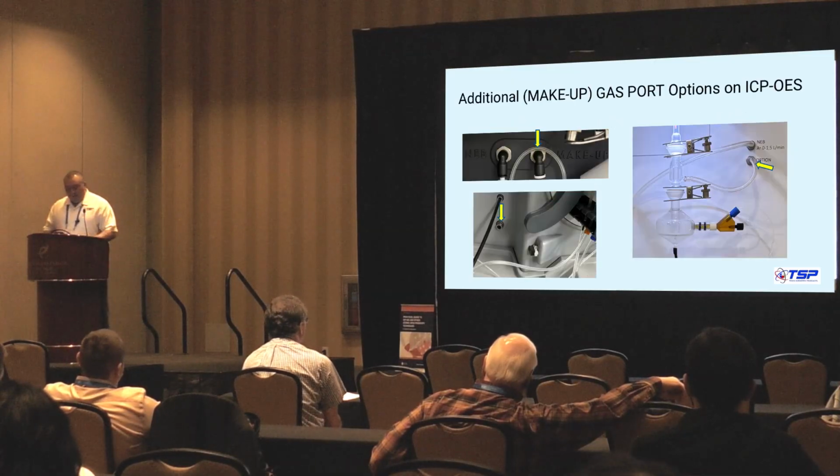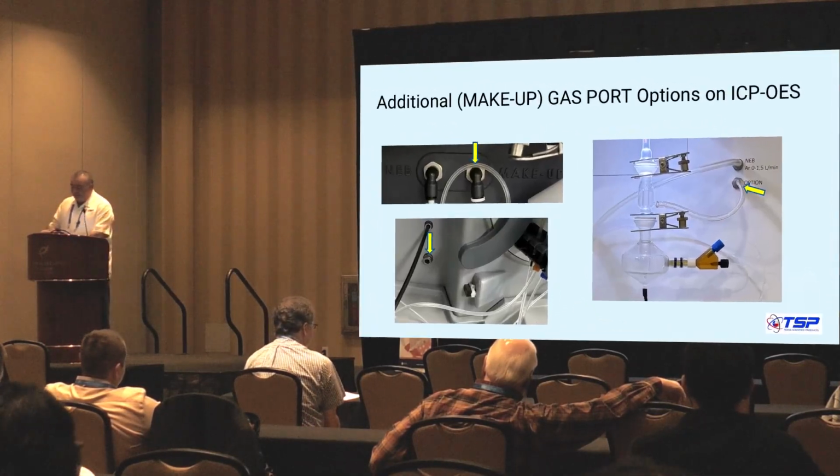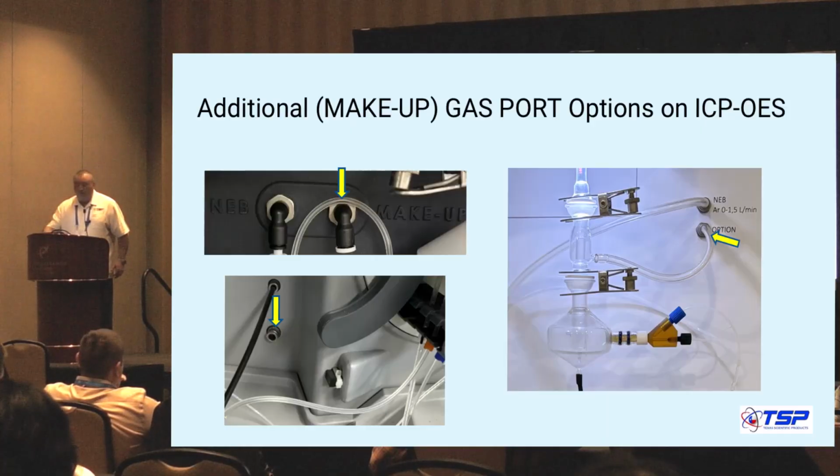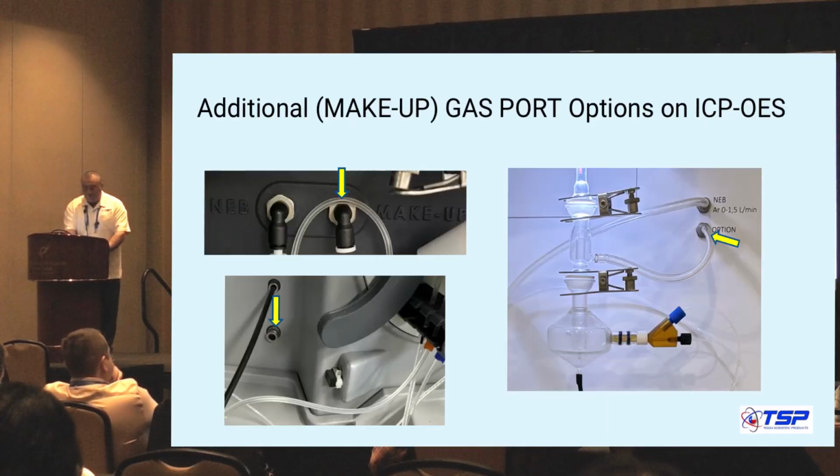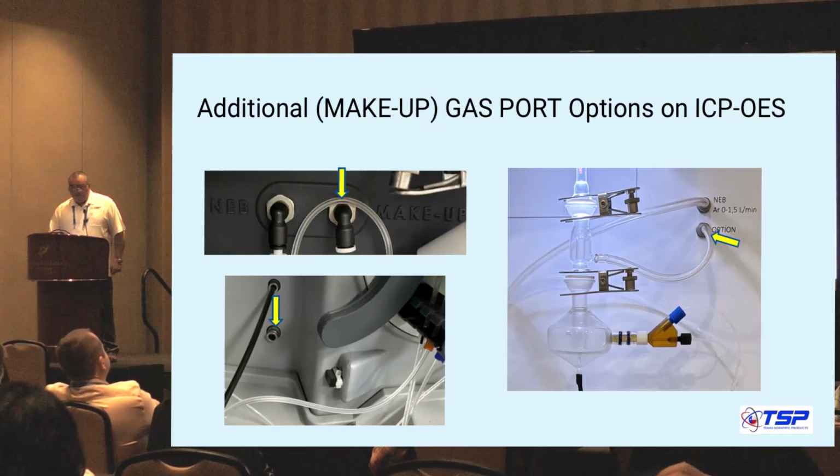Okay, so now I mentioned what to do when you really need to run high salts or DEF or anything like that. In addition to a high solids capable nebulizer, you benefit from getting what we call additional or makeup gas. And these are a few examples of it. This is on a Spectro ICP. These ports are available on other instruments. I believe this is Agilent, this is Thermo.